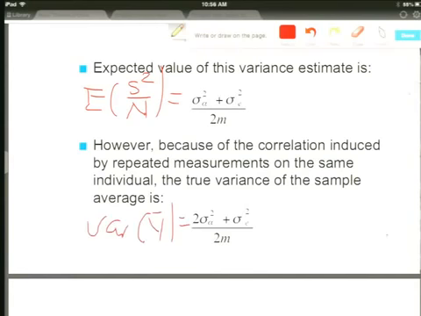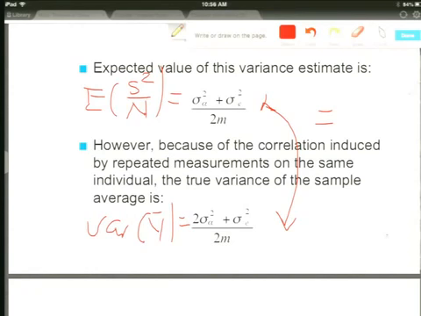If you want to use the naive one, you want these things to be equal. You want the mean of that thing that you do in repeated samples of this kind to be equal to the true variance, but it's not. You can see it's not by a fairly big factor. There's 2 alpha right here. So it's underestimating it.